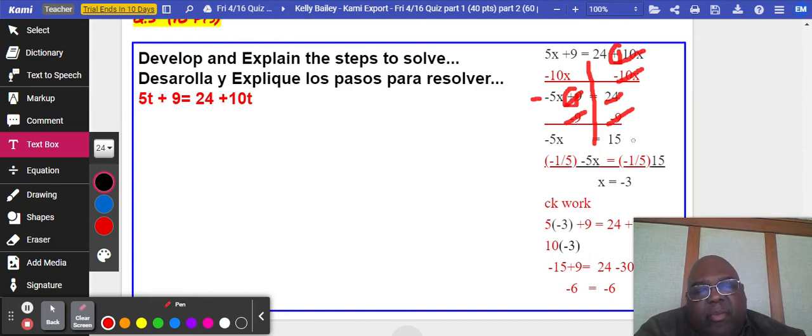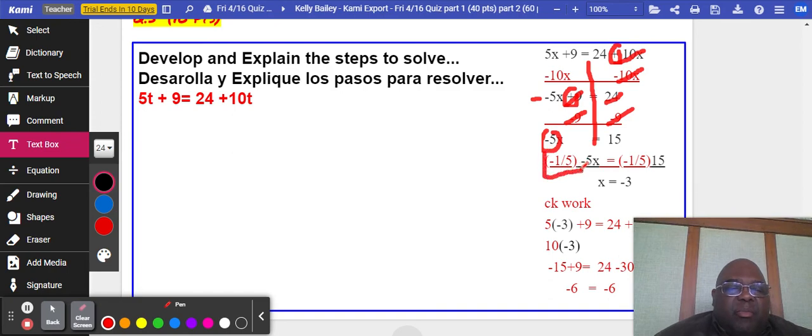My final step is I've got to get x by itself, and x and negative 5 are being multiplied. So to undo multiplication, I have to divide. I'm going to divide both sides by negative 5, and 15 divided by negative 5 is negative 3.